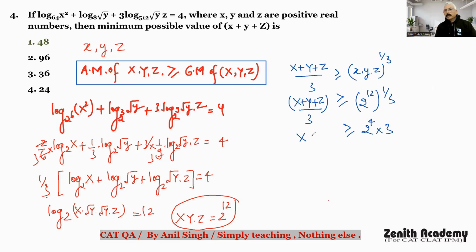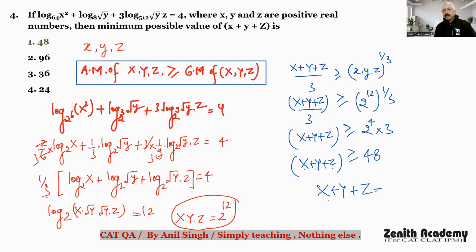So x plus y plus z is greater than or equal to 48. This way you can decide that the minimum value of x plus y plus z will be 48. This is our answer.